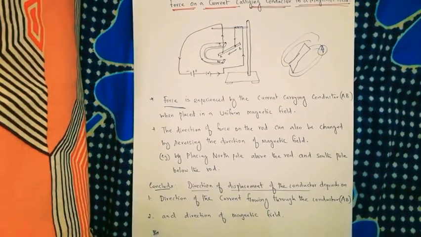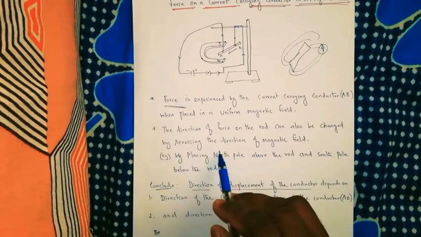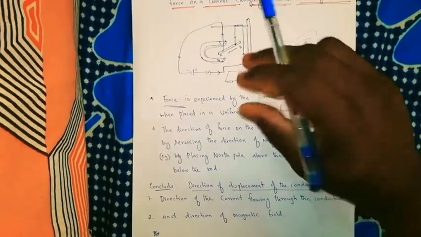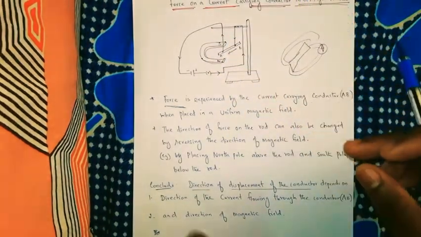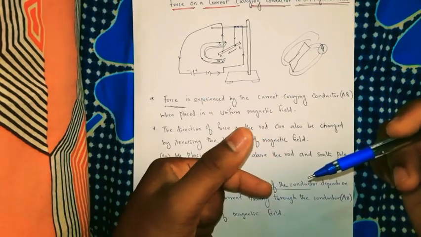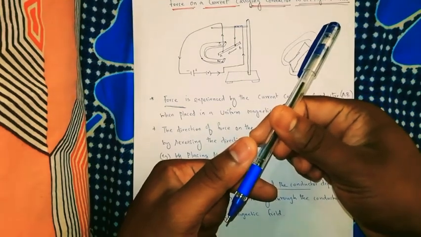The direction of the force on the rod can also be changed by reversing the direction of the magnetic field. What you can do is invert or rotate the magnet, so the north pole comes on the top and the south pole goes to the bottom. Now you see, the movement will be reversed.